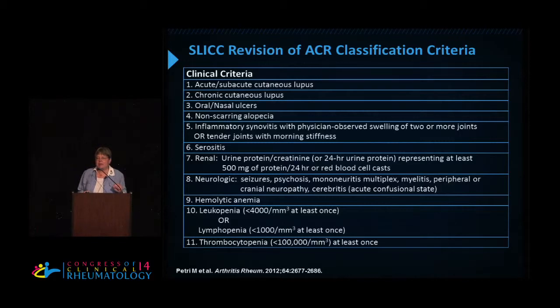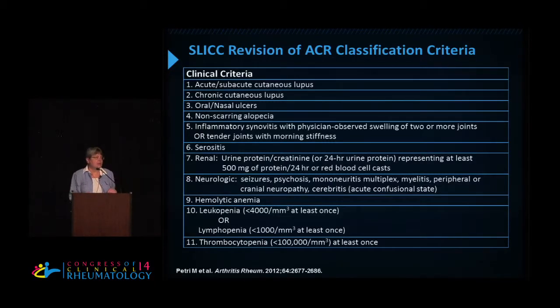Because in lupus, remember, there are 2 hair findings. The first is that the hair is thinner than normal, and the second that it is much more fragile than normal. Now, the other organ systems are represented the same way they were in the ACR criteria, including synovitis, serositis, renal. Renal is for those patients who did not have the kidney biopsy.